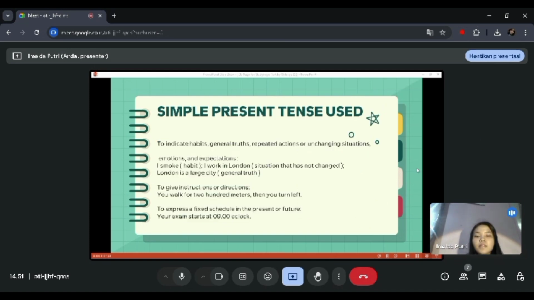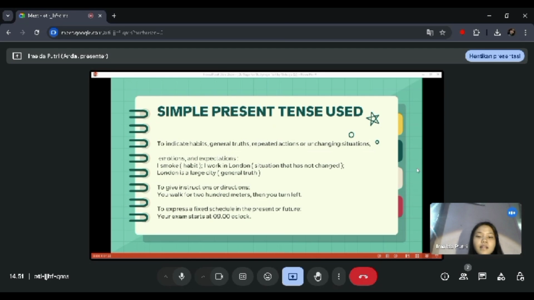The present tense is used to indicate habits, general truths, repeated actions, or unchanging situations, ambitions, and expectations. An example: I smoke. I smoke is a habit, an everyday activity. I work in London is a situation that has not changed.